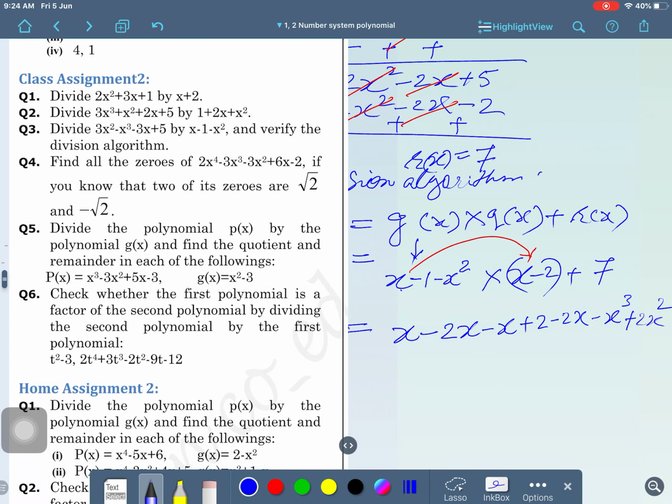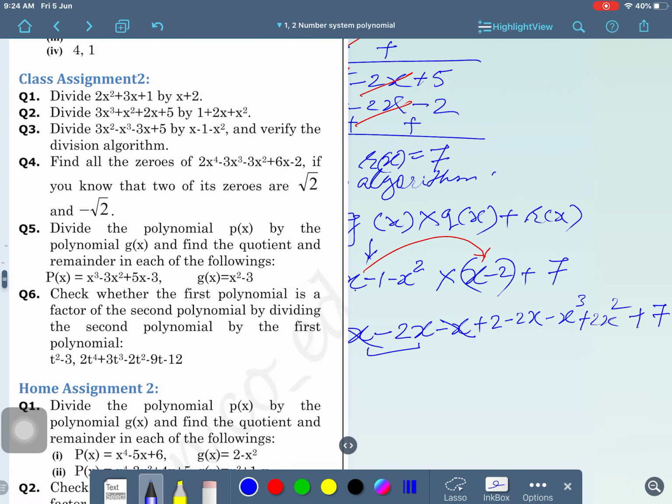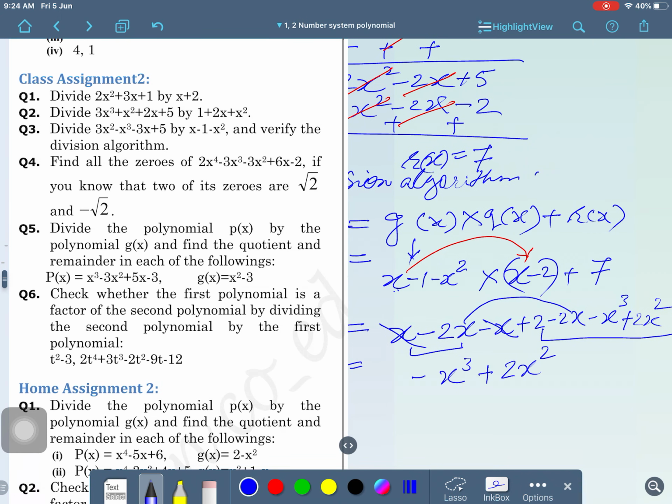Now, add them. x and 2x cancel here, and what will be here? First we will write down the term of x cube, minus x cube plus 2x square plus 2x and x minus 4x is there right now, and what is the sum here? What's coming here is 2 and plus 5 also there. I think x into x square must be there.